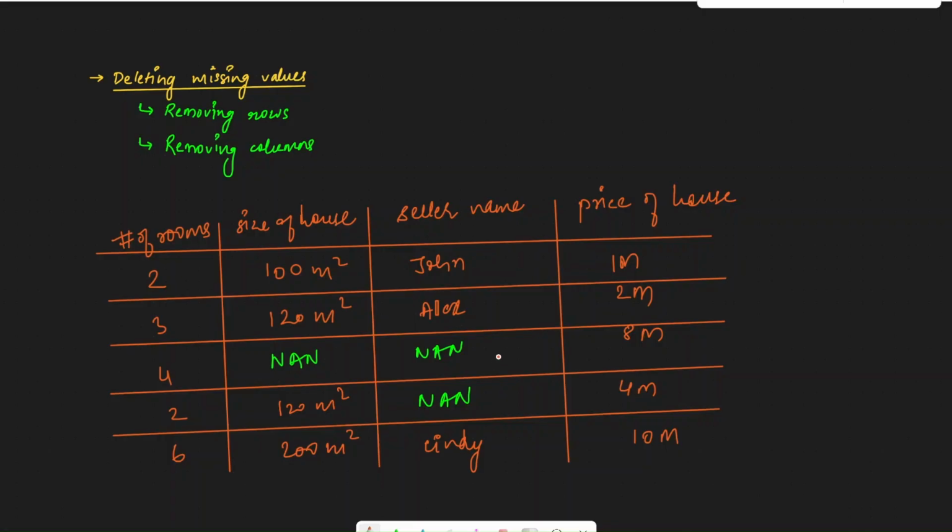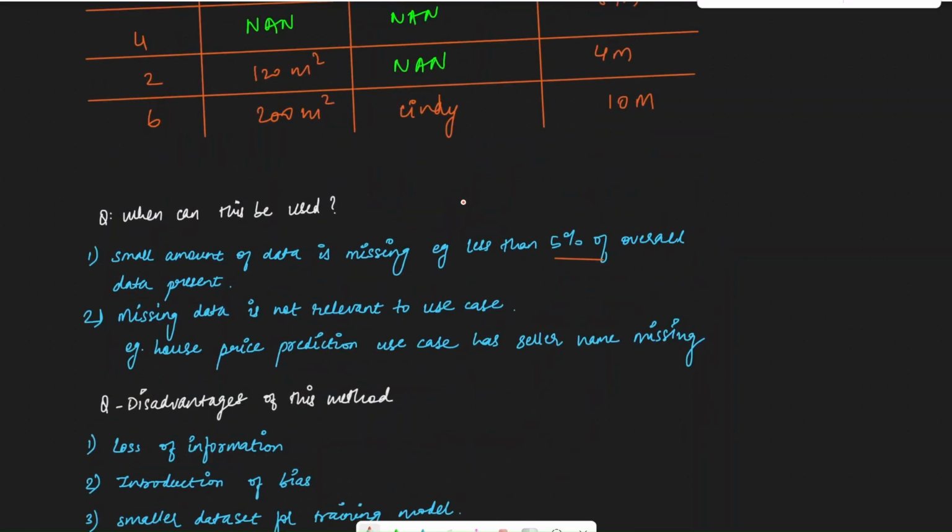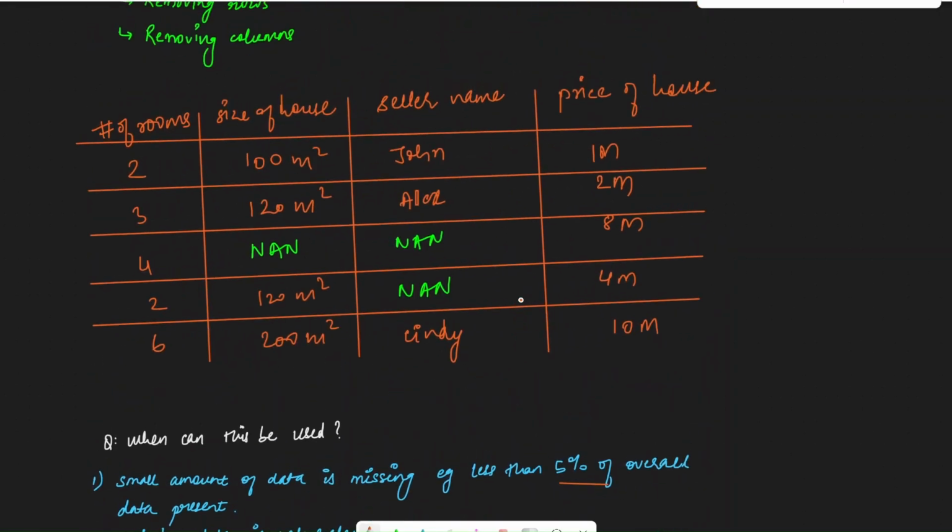Now you would think, when can this method be used? This method should only be used when we have less than 5% of the overall data missing. The second scenario is when the missing data is not relevant to the use case. For example, this is a house price prediction problem, and we have a column called seller name.